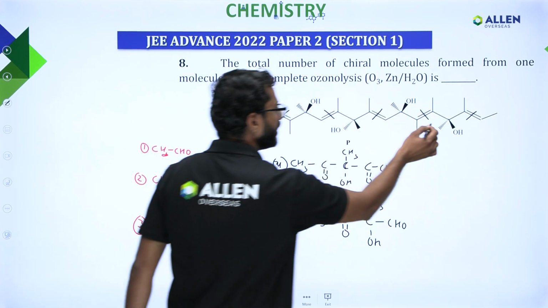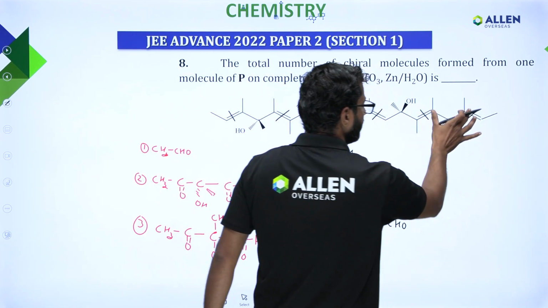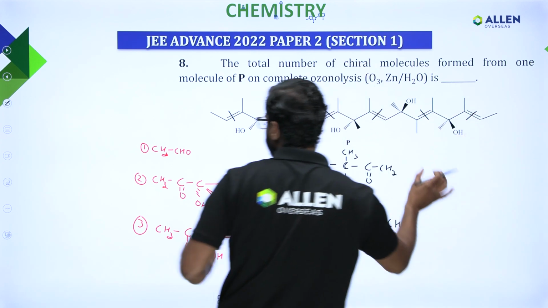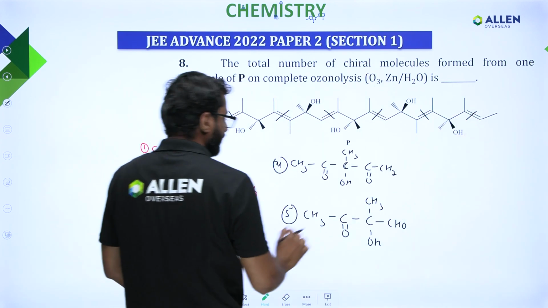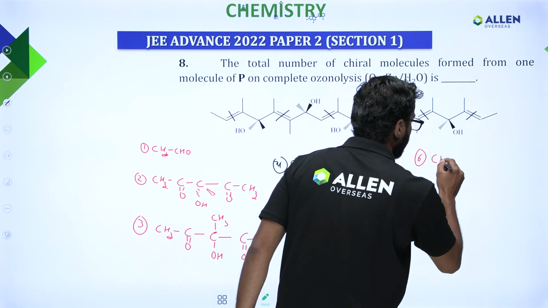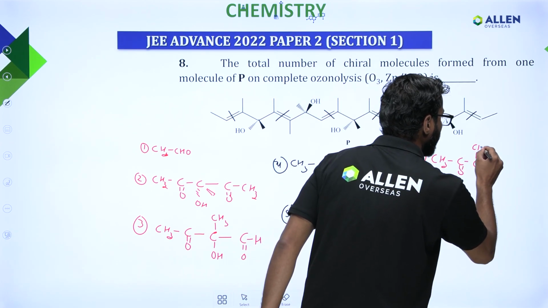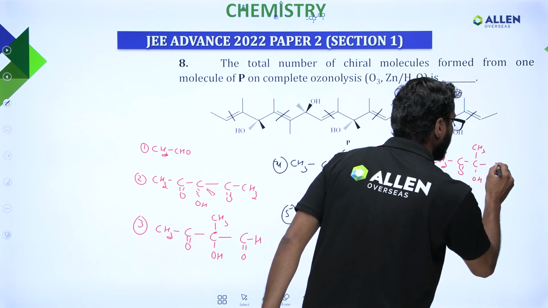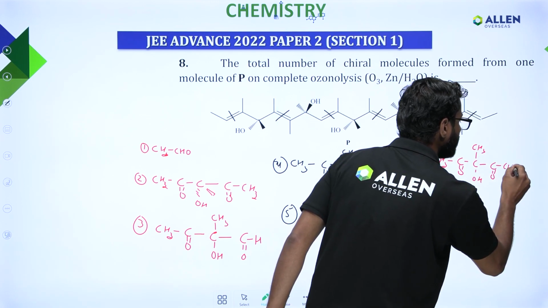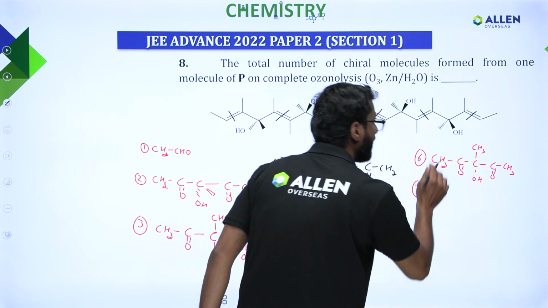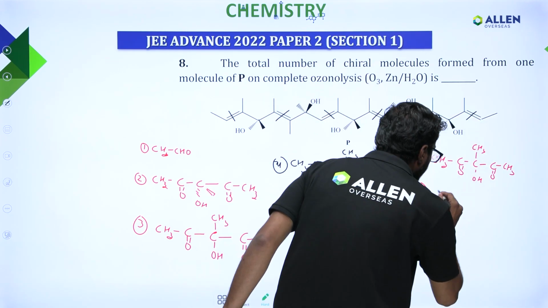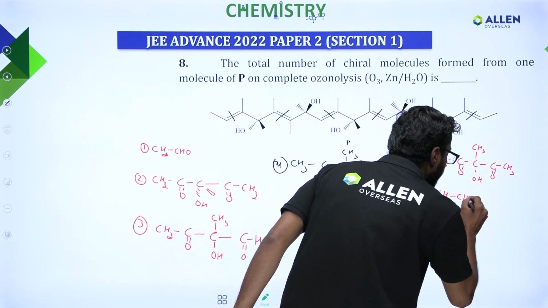Now let's talk about the last one. Again, this one has the same structure as the second one. So we have this 6th product, CH3, C double bond O, right? The carbon atom has CH3 and OH groups, the carbon atom has a double bond O, and CH3. Now the 7th one is the same as the first one. So finally we have CH3CHO, right?